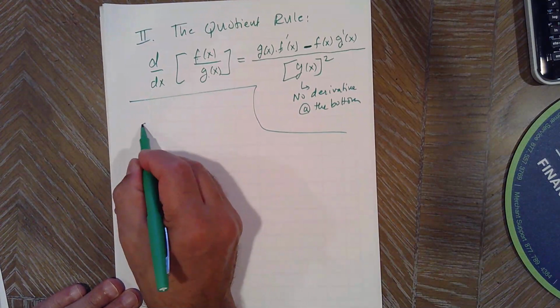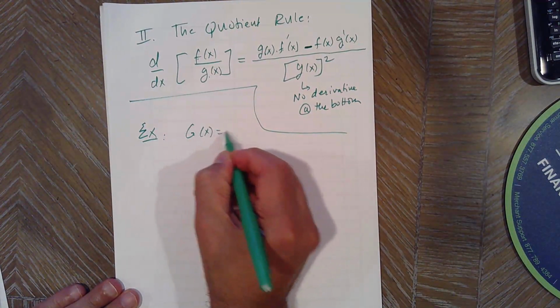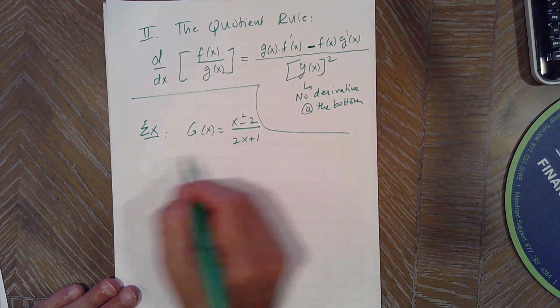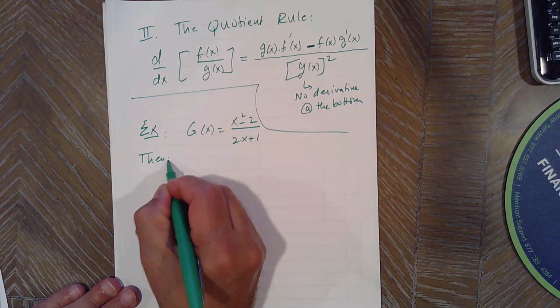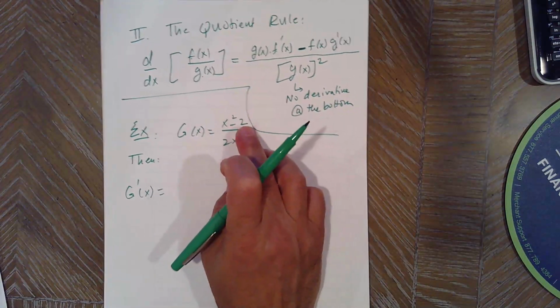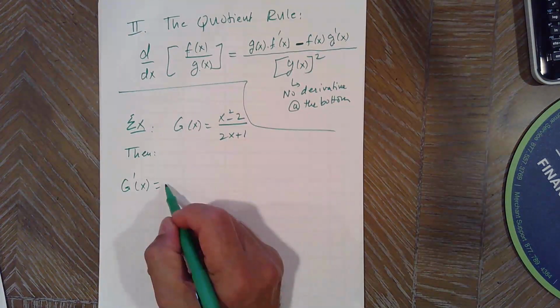Let's look at several examples. So if g of x equals x squared minus 2 over 2x plus 1, then its derivative using the quotient rule. Again, we're going to use the quotient rule because neither the top nor the bottom is a constant. They're both functions of x.